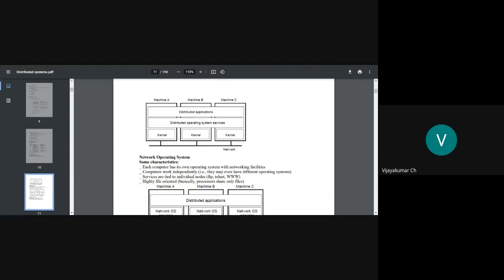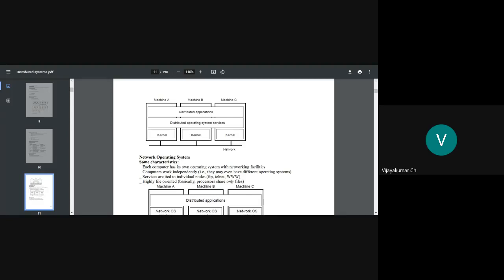So, in these networking operating systems, the characteristics are that each computer has its own operating system and network facilities. Computers work independently and may have different operating systems. Next, services are tied to individual nodes.